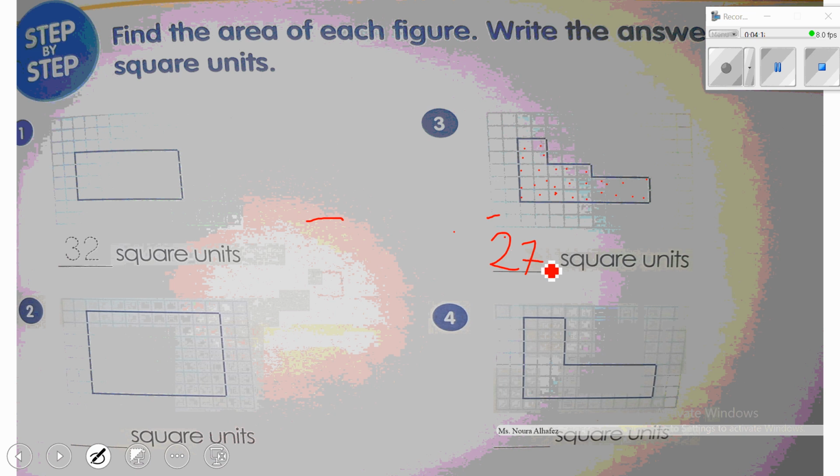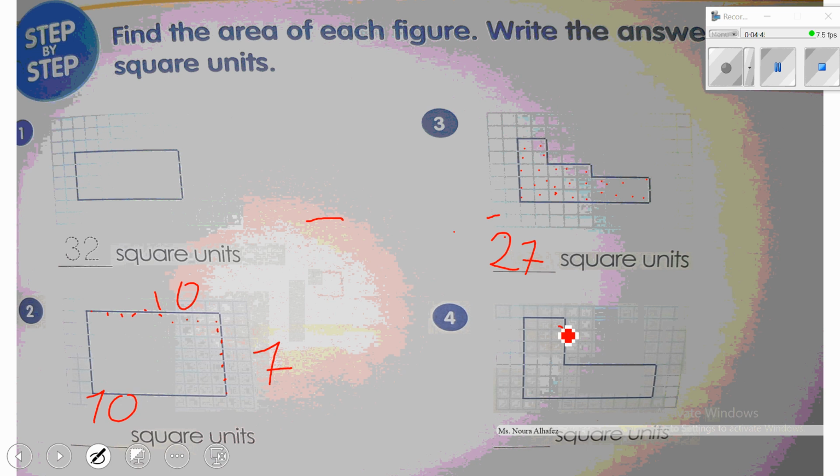Now for this, I can find the first row. 1, 2, 3, 4, 5, 6, 7, 8, 9, 10. Here is 10. And here is also 1, 2, 3, 4, 5, 6, 7. 10 times 7 is 70.